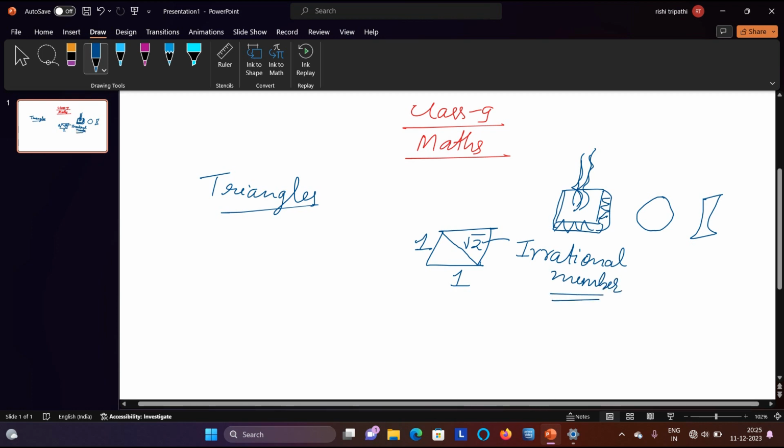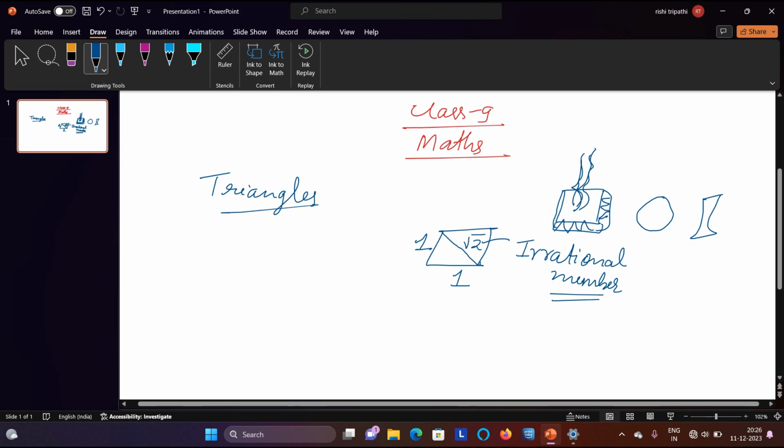These are the things present in the Vedas, and from this square, if you cut it along its diagonal, you will get two triangles.